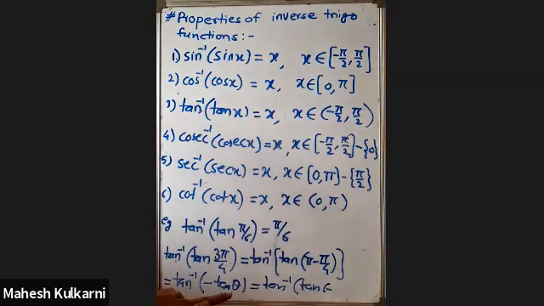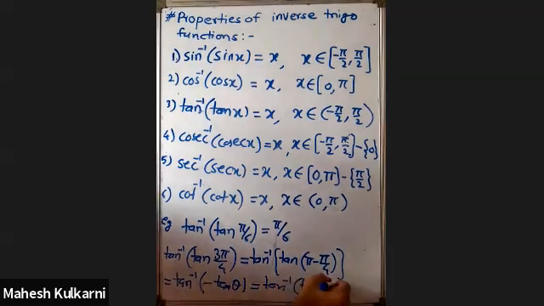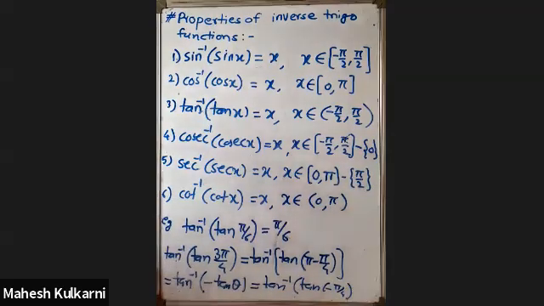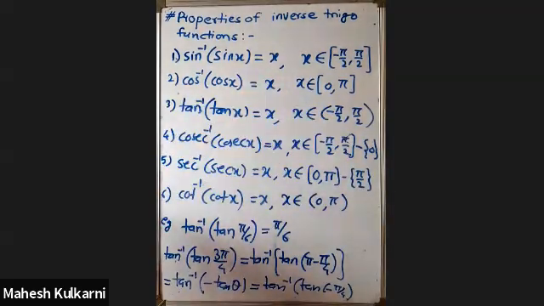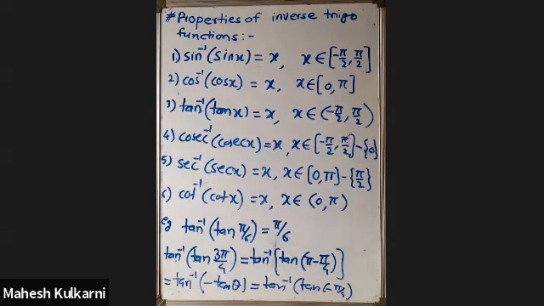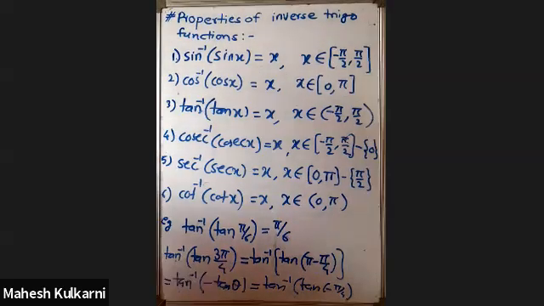So here it becomes minus pi by 4. And minus pi by 4 is in the given interval, that is minus pi by 2 to pi by 2. So what is the value for this tan inverse of tan 3 pi by 4? The answer is minus pi by 4.